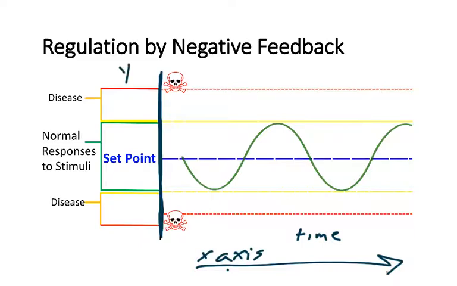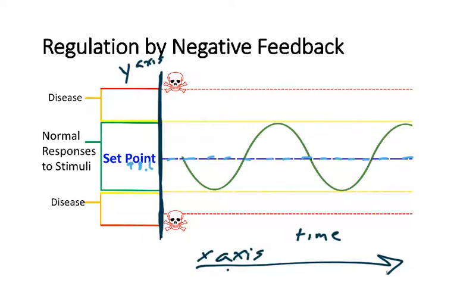So y-axis and x-axis. So I've plotted the set point. So for body temperature, right, we would say roughly 98.6. And our body temperature varies over the course of the day, as well as in response to changes in the environment around us.